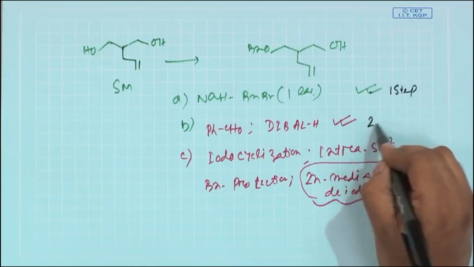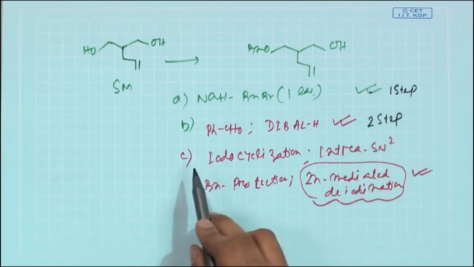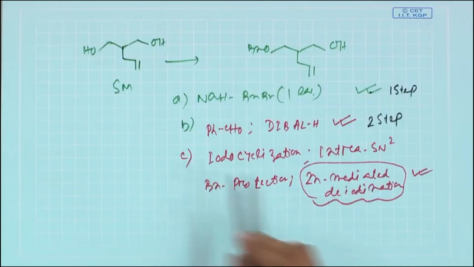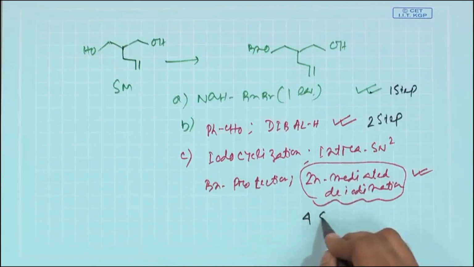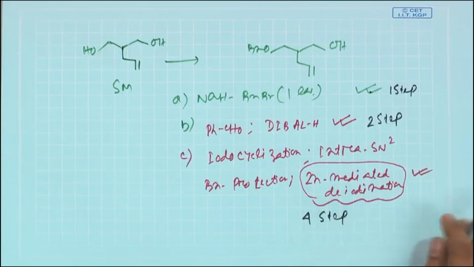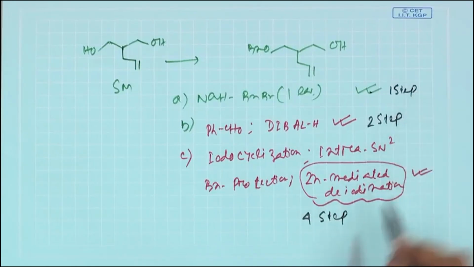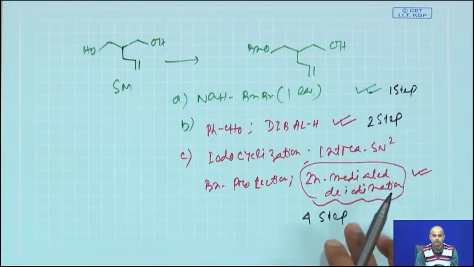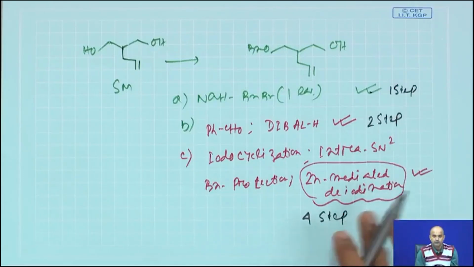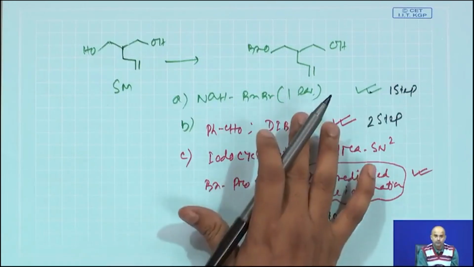You can have a two step reaction in step B, and for this route 3 or route C you have 1, 2, 3, 4, it is a 4 step. So, definitely from a cost effective manner step 1 is preferred, then step 2, but step 4 is also a very useful reaction, and eventually this also gives you the required desymmetrized product which is your target molecule.